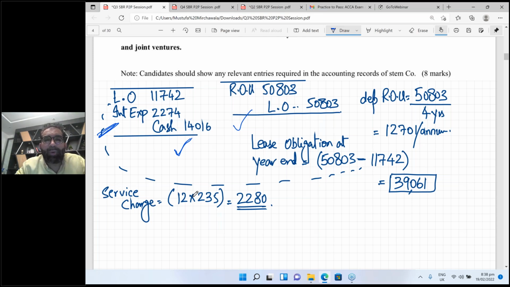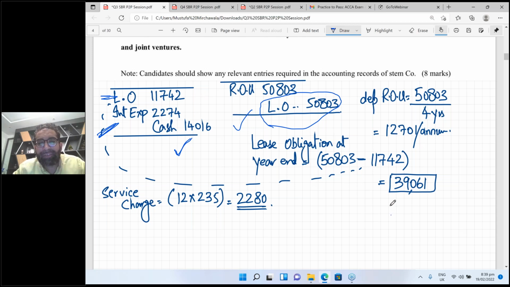Now students, please think: at the beginning of the year, how much was your lease obligation? It was 50803, and it reduced by this amount, 11742.